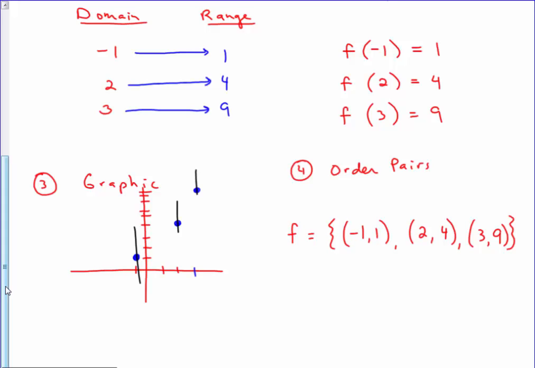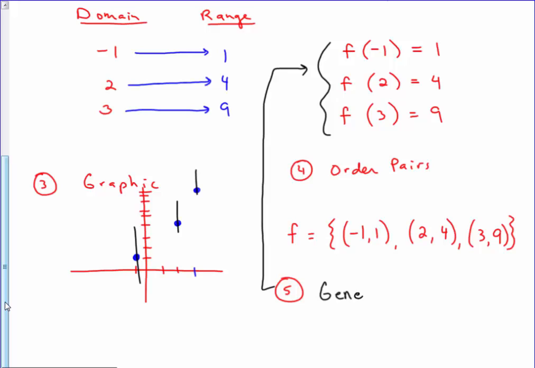Okay, and then finally what I'm going to do for the last one is I'm going to refer back to the notation that I have here, and I'm going to see if I can develop some sort of pattern or some sort of formula. This is going to be function notation, but it's going to be general function notation.